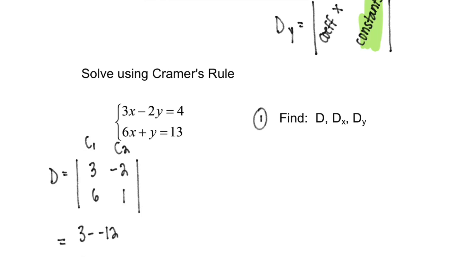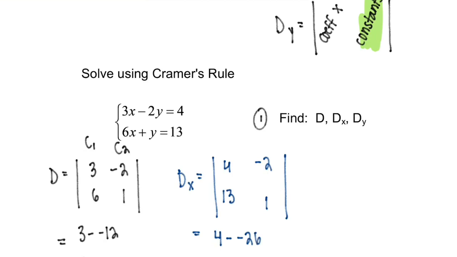The determinant of x, remember, the coefficients of x get replaced with the constants. Coefficients of y stay. And that determinant is equal to 4 minus negative 26, which is 30. So the determinant of x is 30.